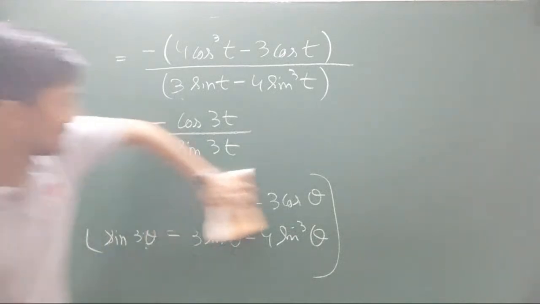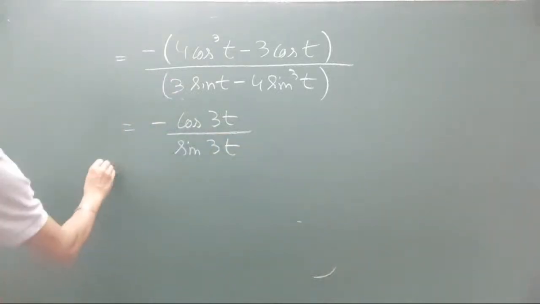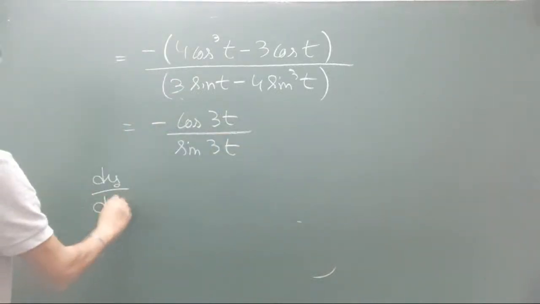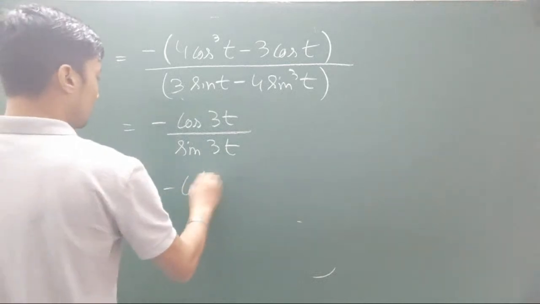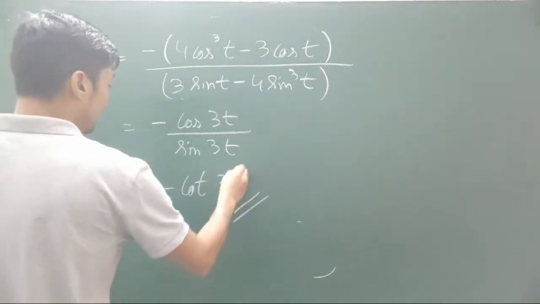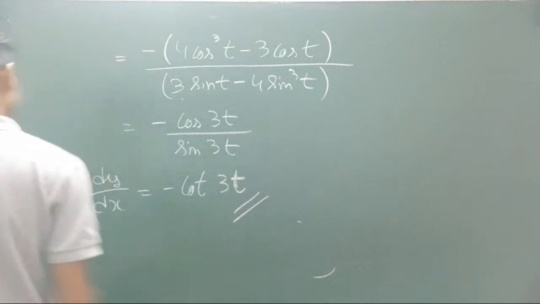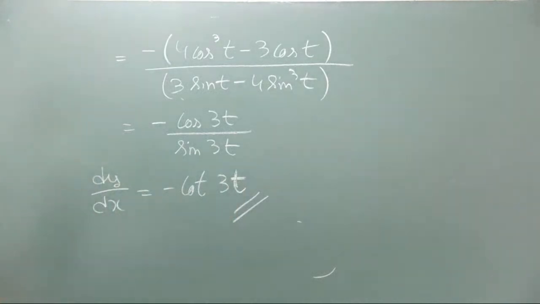Okay, so that means dy by dx is minus cot, finally, minus cot 3t. Baap re baap.